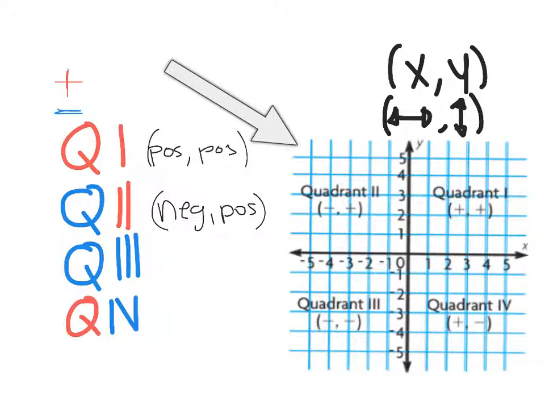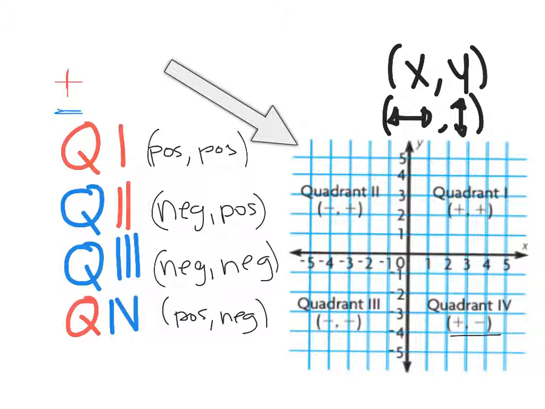Quadrant 3, down here in the bottom corner, the opposite of quadrant 1, both are negative. And then the final quadrant, quadrant 4, just below quadrant 1, is a pos neg. And so when you find an ordered pair, you can place it in the right quadrant.